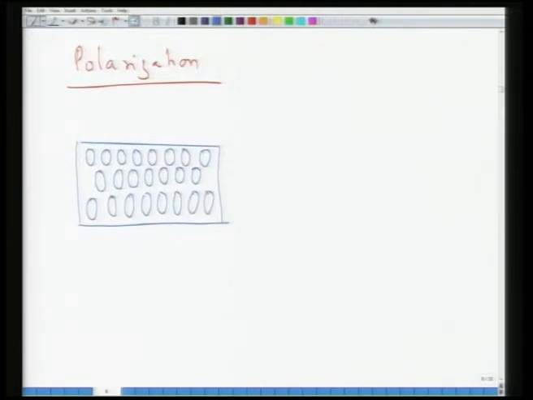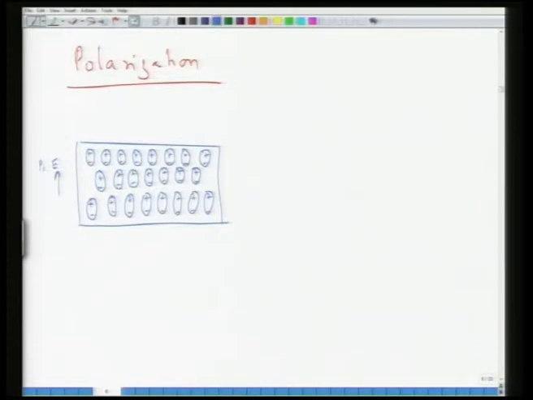Let us say the situation is like this, and each of these is a charged dipole. So, naturally it is under the influence of an electric field. What is the direction of polarization in this material? This is of course the direction of the electric field, so E and P will be in the same direction.